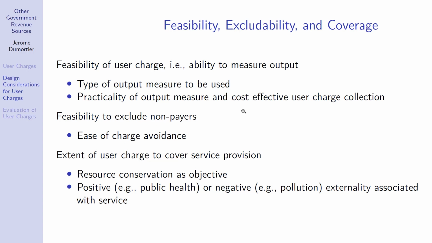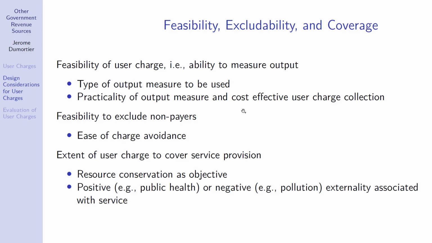With a zoo, of course, you can control the access and measure how many customers are coming to the zoo. We also talked about that it has to be feasible to exclude non-payers, in the sense that the question becomes how easy it is to actually avoid the charges.